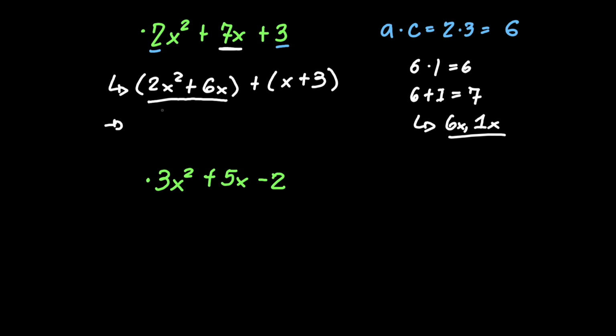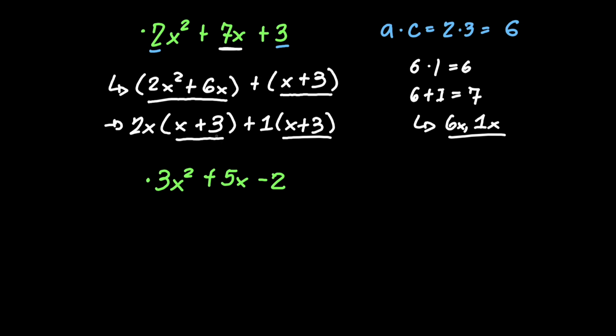The factored form of 2x squared plus 6x would be 2x multiplied by x plus 3, plus the factored form of x plus 3 would be 1 multiplied by x plus 3. As you can see here, when you see these two are similar, that means you're on the right track. And so the final answer here would be 2x plus 1, which would be 2x and positive 1, multiplied by x plus 3.